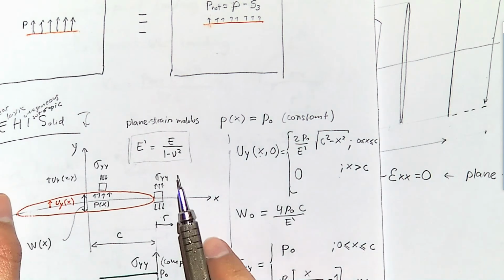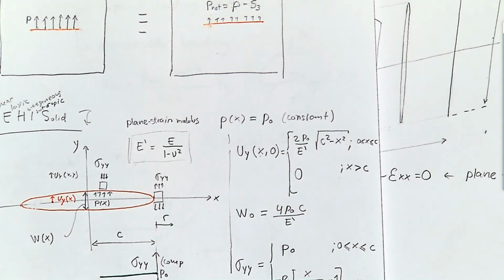As you may expect, if you try to compress a solid, let's say in this direction, up and down, you let it expand to the sides, but not in the front and back, that's going to be a state of plane strain, and pushing a solid in this condition is going to be harder than if you let the solid expand in back and front.